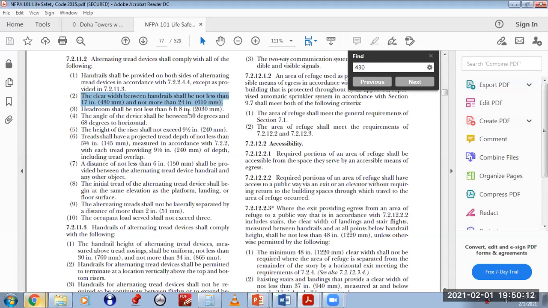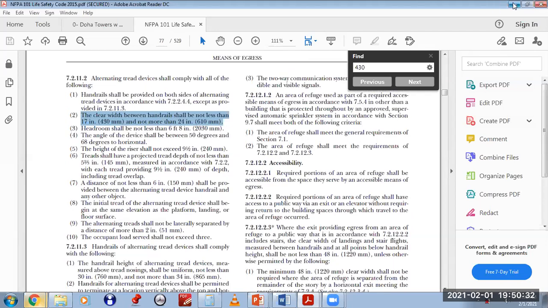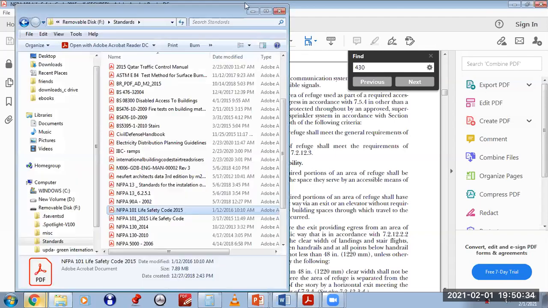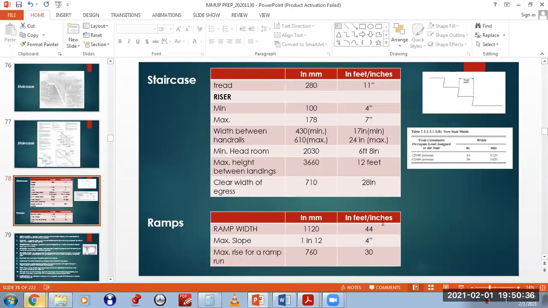If you want, you can get a clarification. That's not a problem. This is from the NFPA.